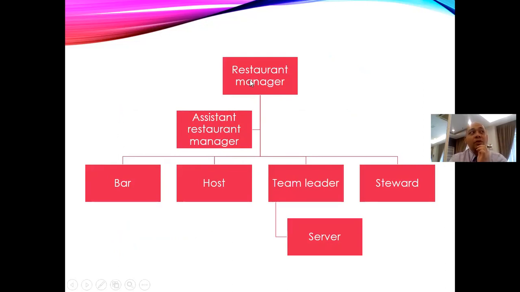Because the restaurant manager is also going to have direct contact, seeing each other face to face, with this position, right? If the assistant restaurant manager were beneath the restaurant manager, the restaurant manager would not have direct communication with this team, right? That's why the ARM is positioned at the side here.